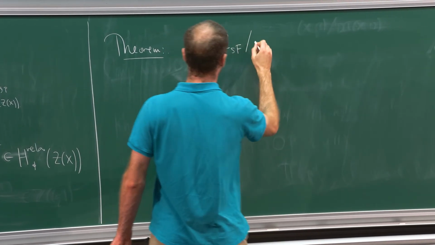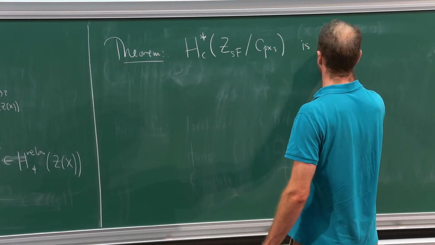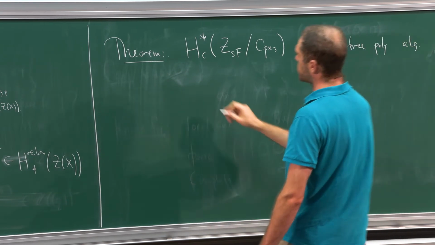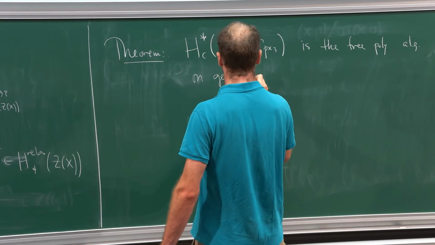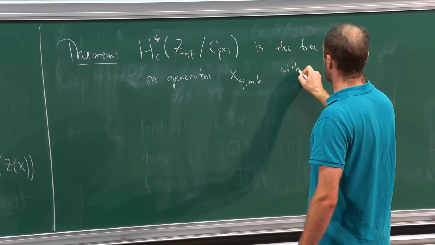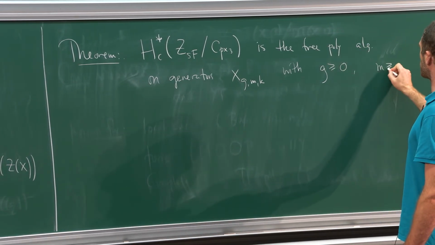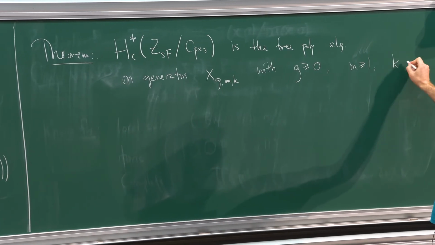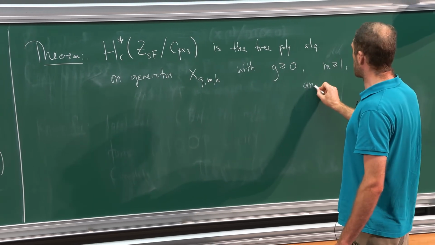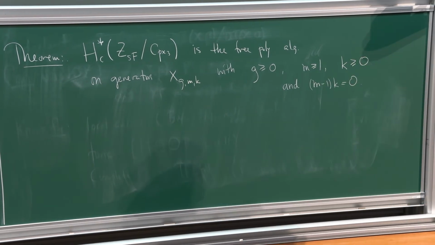So we look at only the semi-Fano cycles, and now this is the free polynomial algebra on generators X, G, M, K with, let's see, G is genus, M is multiplicity, so it's at least 1, and K is the Chern number, which is at least 0, since it's semi-Fano, but there's a restriction, which is that either M equals 1 or K equals 0.